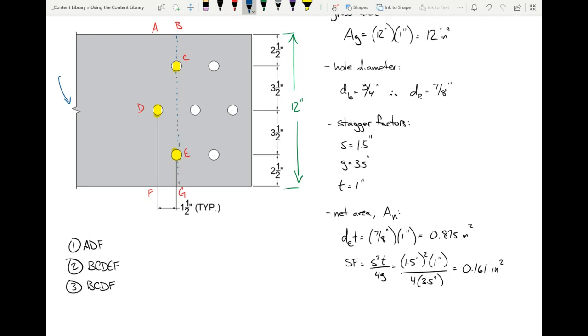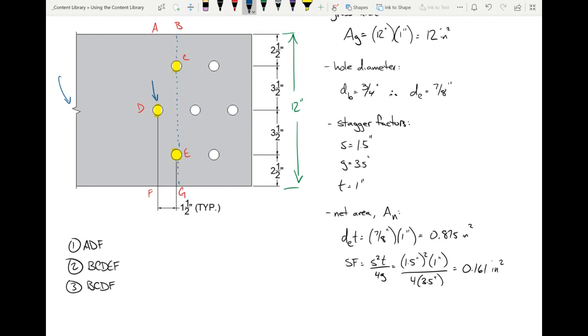Now, Mr. Ball mentioned BCEG that goes through the lead line of bolts. And that is true. That's a possible path if something is considered, and we're not going to consider this path here, and there's a reason why. Let's go back to that example of the thumb, me gripping the paper with the thumb. BCEG would be a path that would assume that this front bolt has already sheared in half.